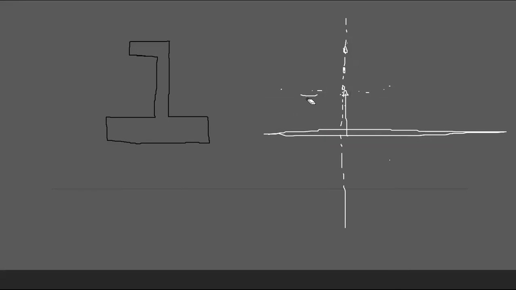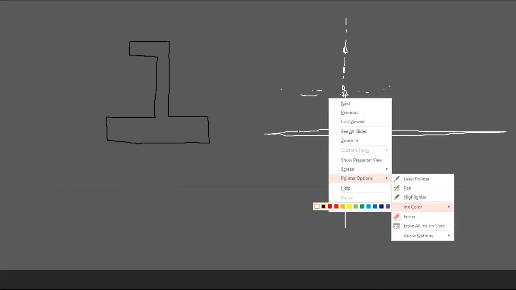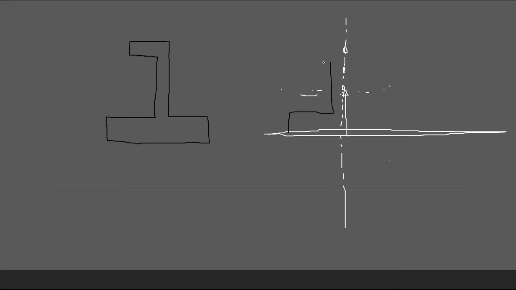Let's say I should erase this. So you have to discretize this into simple elements. This is a rectangle, right? Let's call this B. This is also a rectangle.